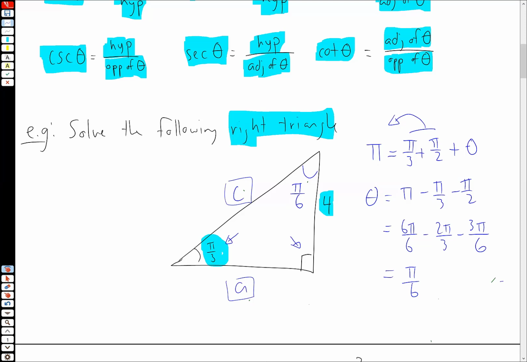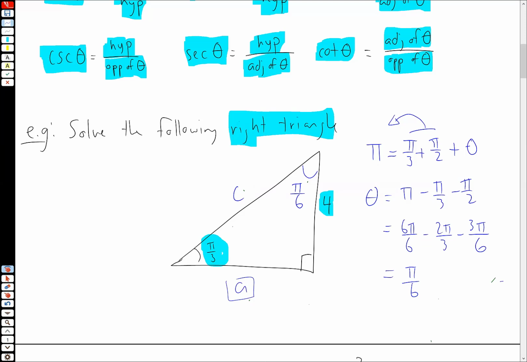All right, so the only other two things we have to figure out now are the remaining sides. Again, there's a bunch of ways you can do that. Let's figure out A first. Actually, no, let's figure out C first. Why not?